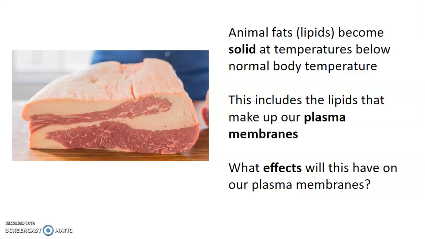So every cell is going to be affected by this phenomenon that all the lipids in that membrane are going to solidify, and that's going to stop things going in and out, and reactions are going to stop because there's going to be no oxygen going into your cells for respiration to create energy, and then that energy can't be used for other things. So there's a whole chain reaction of things that go really drastically wrong when essential substances can't get into cells and then the wastes can't get out.